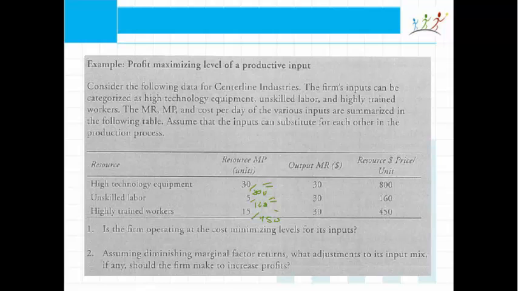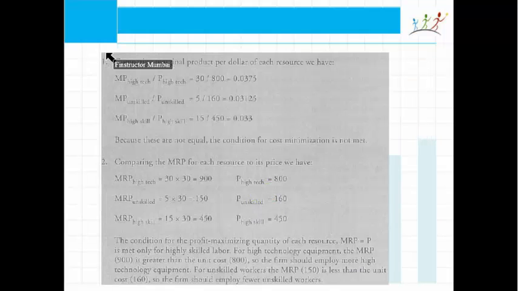So let's see how much is it for high technology equipment, unskilled labor and highly trained workers. So it comes out to be 0.0375 for high technology equipment, 0.03125 for unskilled labor, and 0.033.